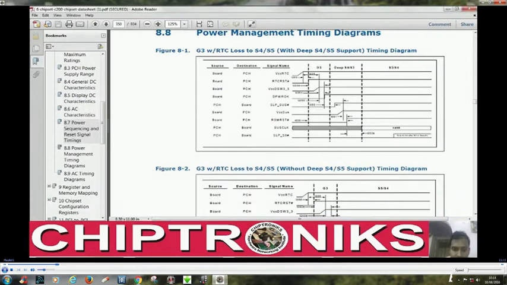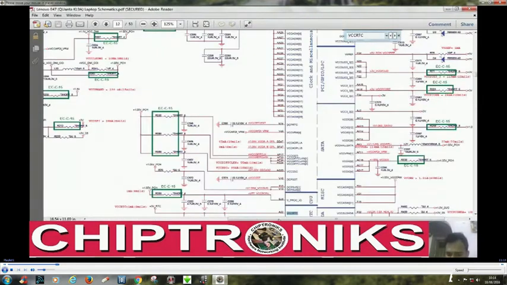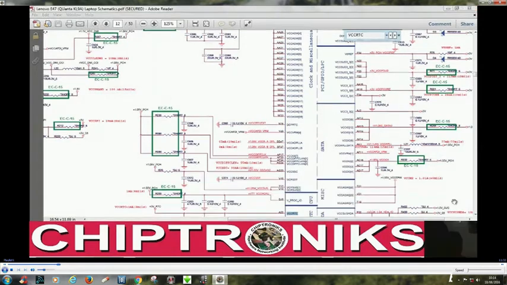That is, I mean this VCC RTC only inside the PCH. I'm not talking about VCC RTC outside. So everything that is mentioned in the data sheet, they mean by this internal to the PCH, okay?